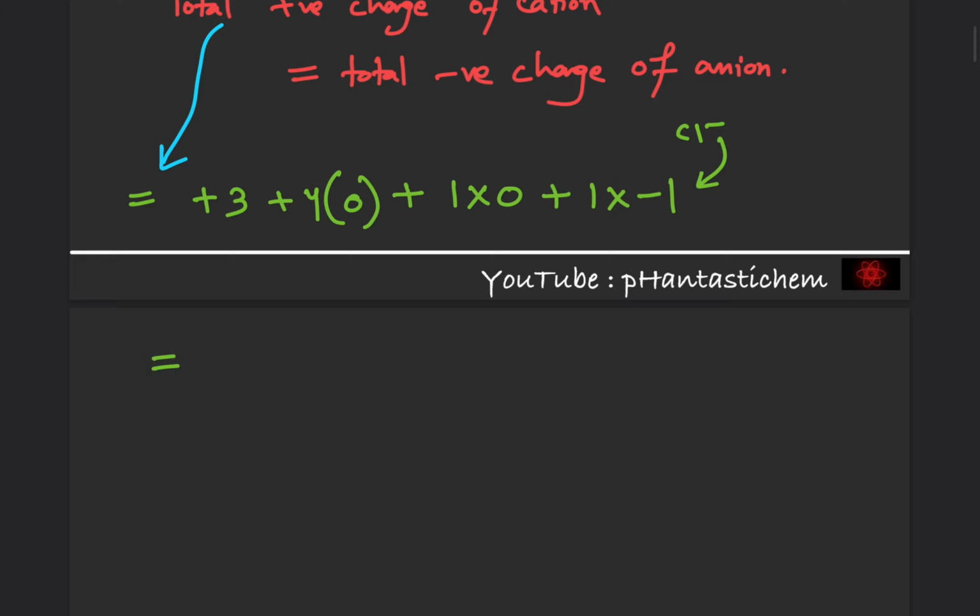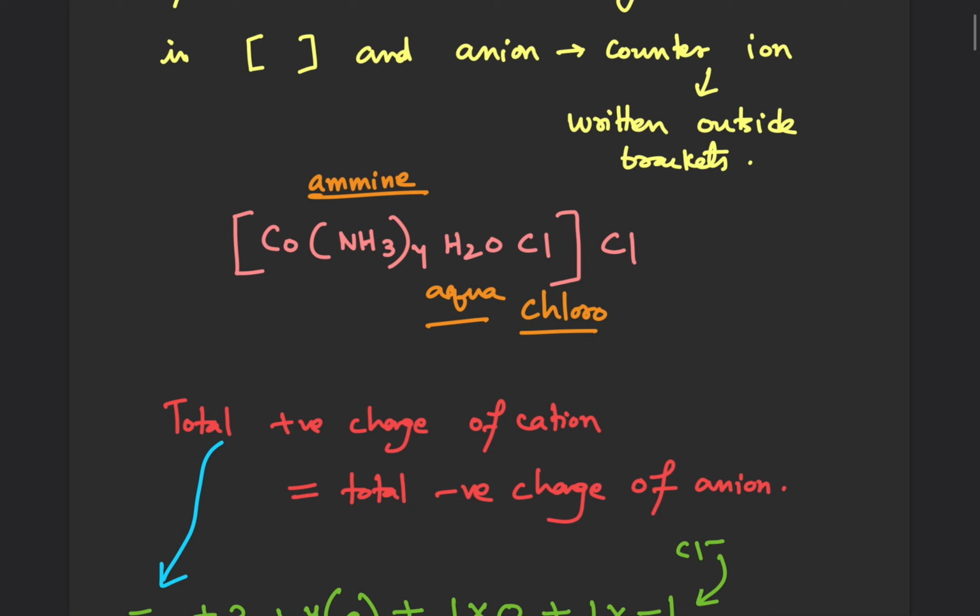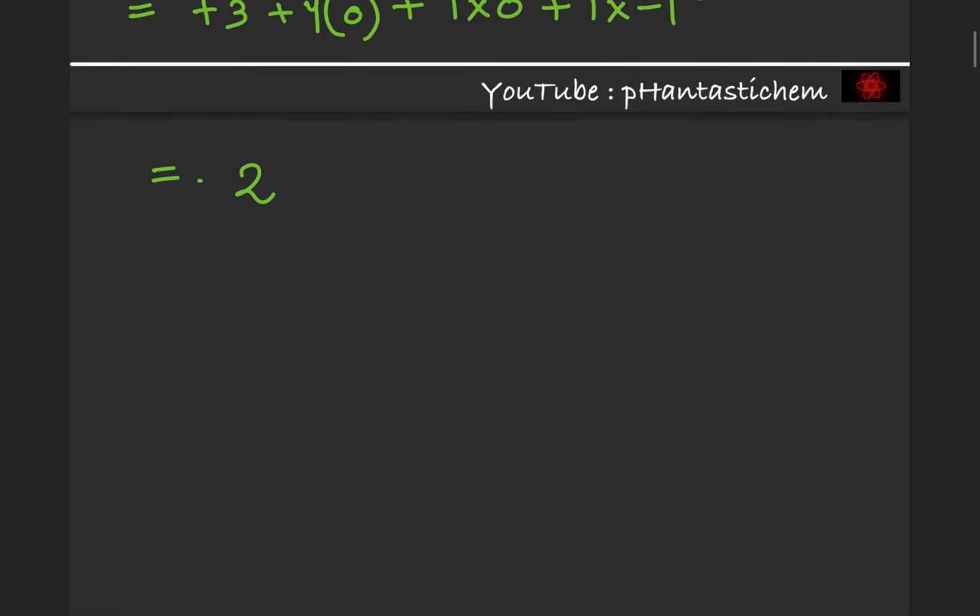So therefore the total charge is 2. Or you can say the charge of the coordination entity or the cation is plus 2.